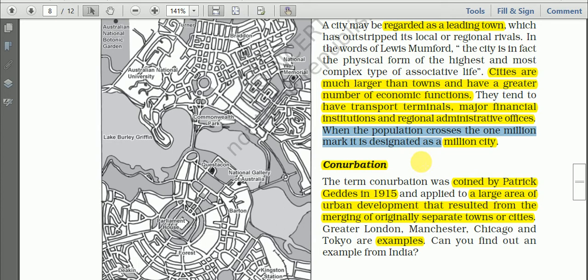Any city having a population of 1 million is known as a million city.